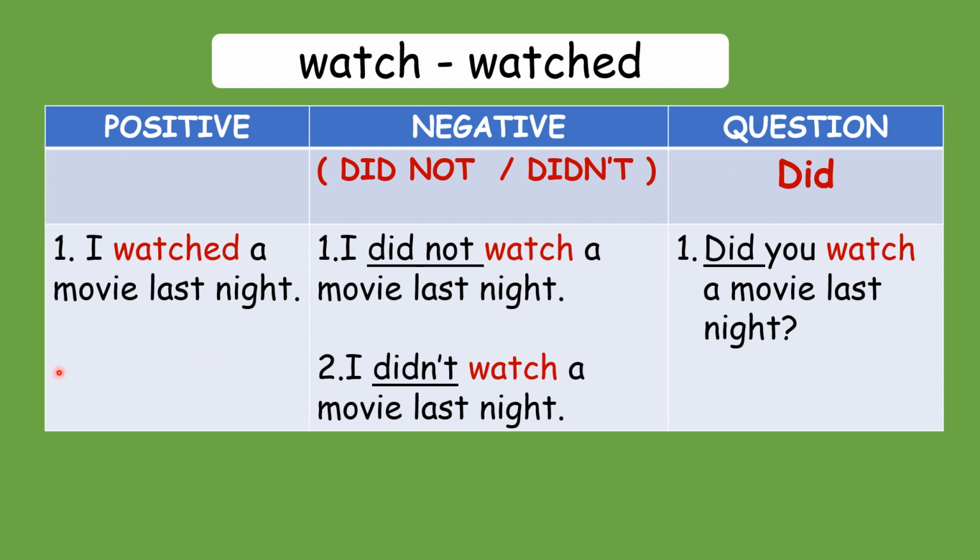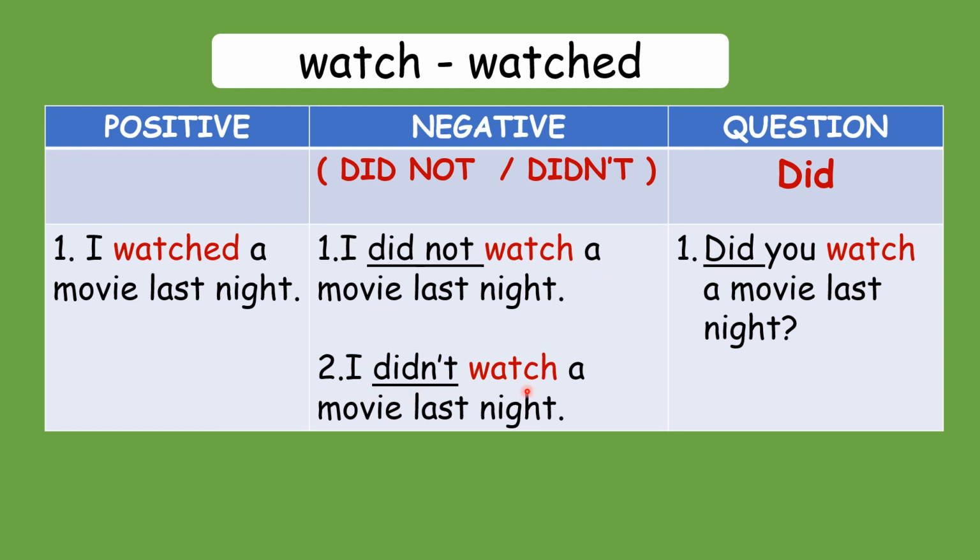Let's study the following sentences. Positive. I watched a movie last night. So use the past tense of the verb. Negative sentence. I did not watch, meaning you have to go back to the original verb. A movie last night.